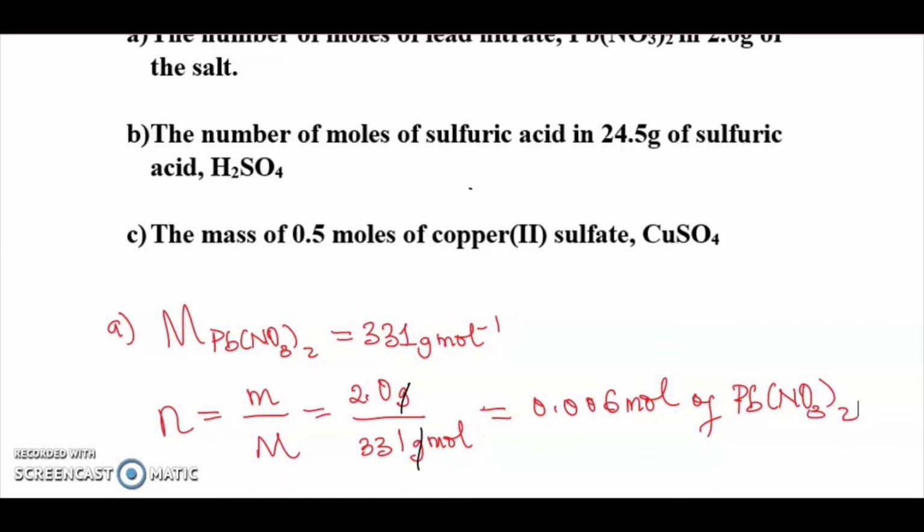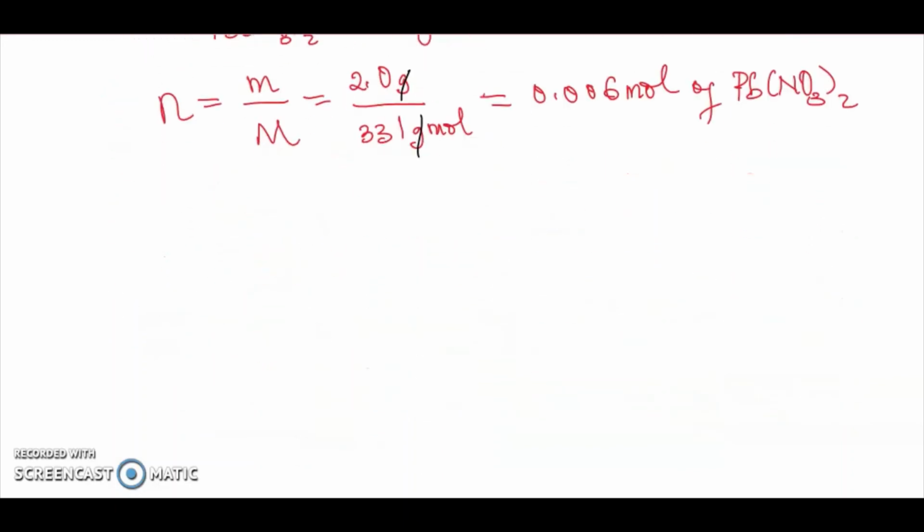The number of moles of sulfuric acid. We've been given the mass. So here again, we need to calculate the molar mass of sulfuric acid. So B, the molar mass of sulfuric acid. If you do it, you should have 98 gram per mole.